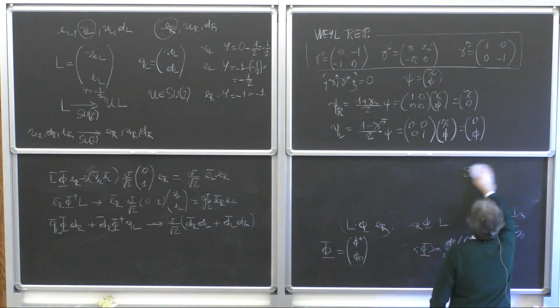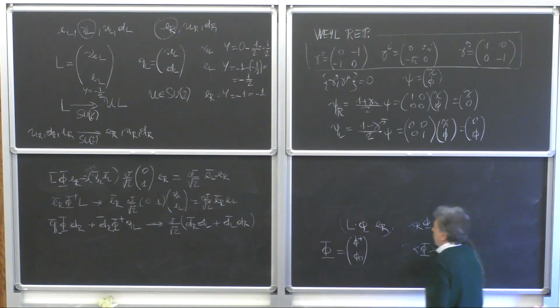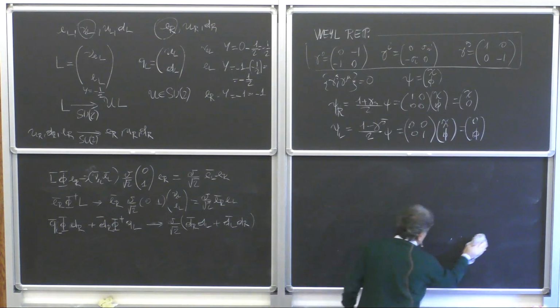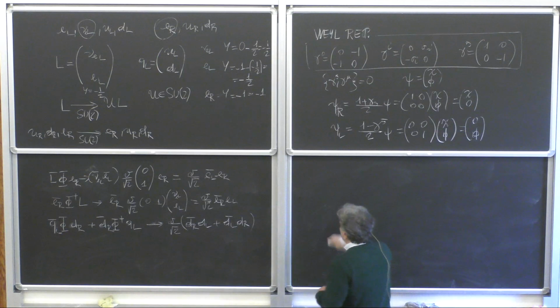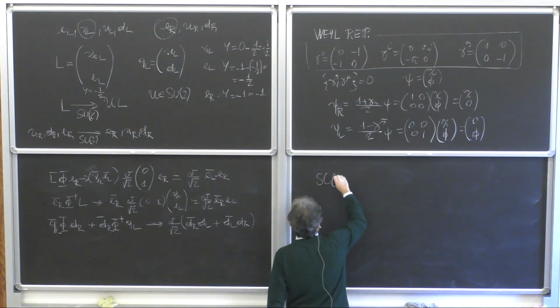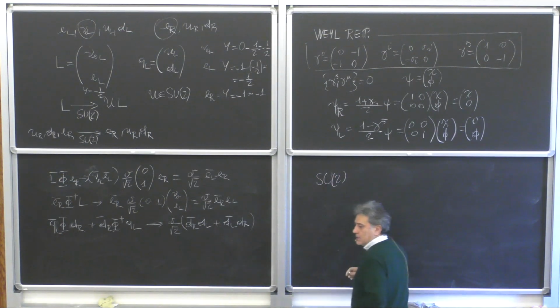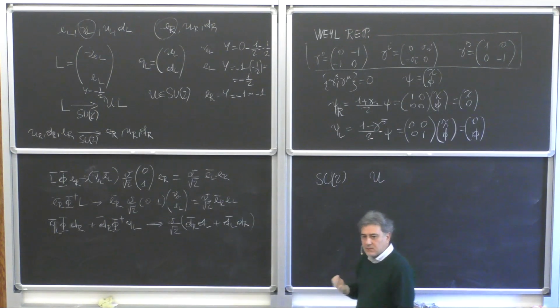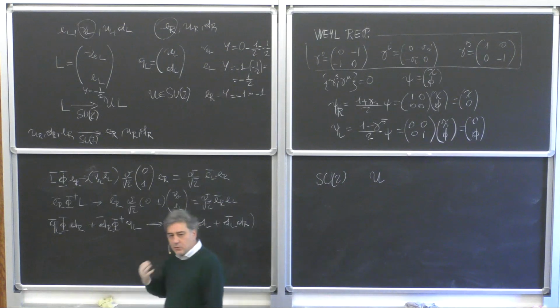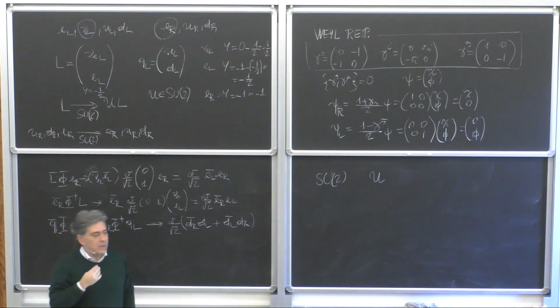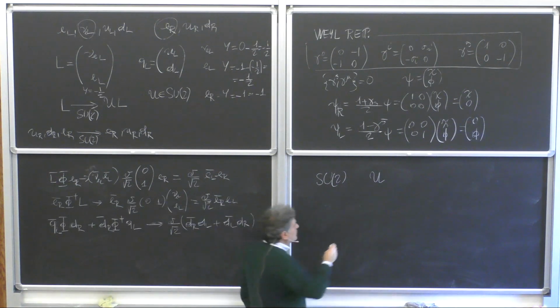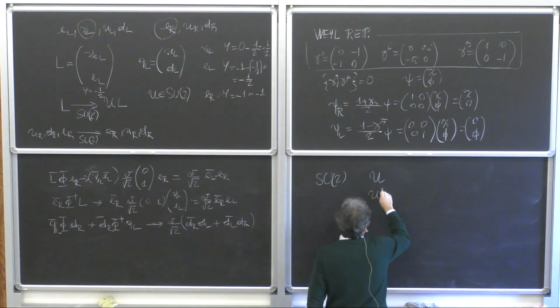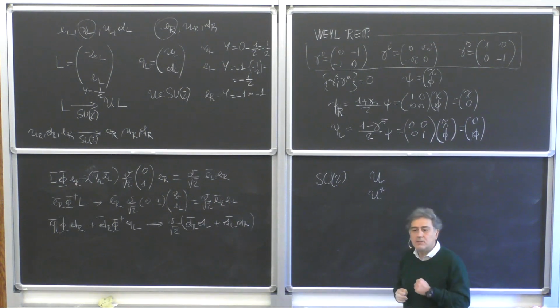Now, the SU2 group has this nice property. We said that the matrices U themselves are an irreducible two-dimensional representation of the group. But we can also consider U star, the complex conjugate.